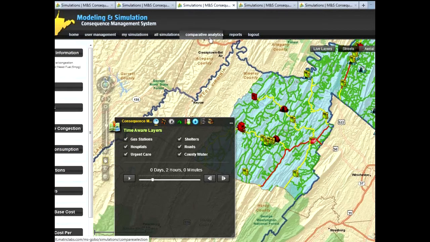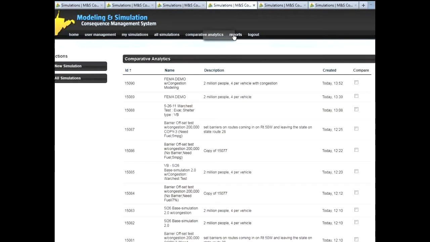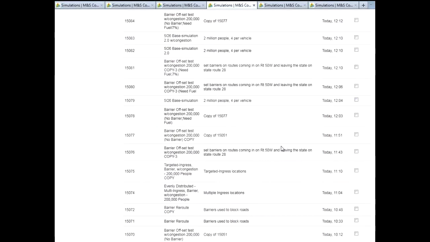So now let's jump to something we call comparative analytics. Here we just selected the two scenarios, one that has the barrier and one that does not. So now let's scroll down and compare these two.